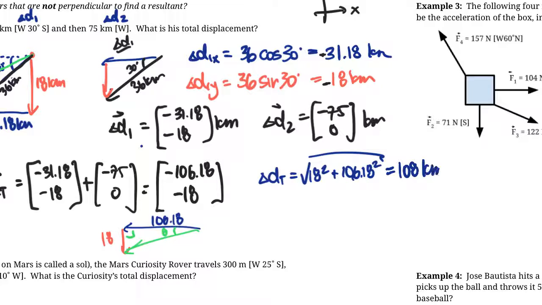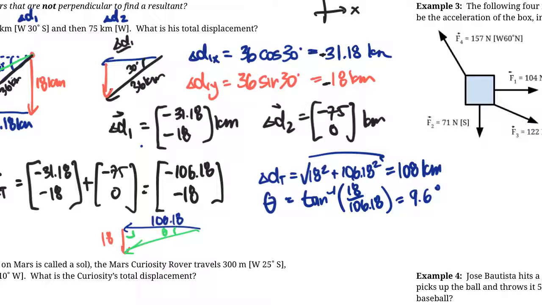108 kilometers. And our theta, our angle, again, it's just opposite over adjacent, so it's inverse tan of 18 over 106.18, which gives us 9.62. We'll just do two significant digits there, 9.6 degrees.